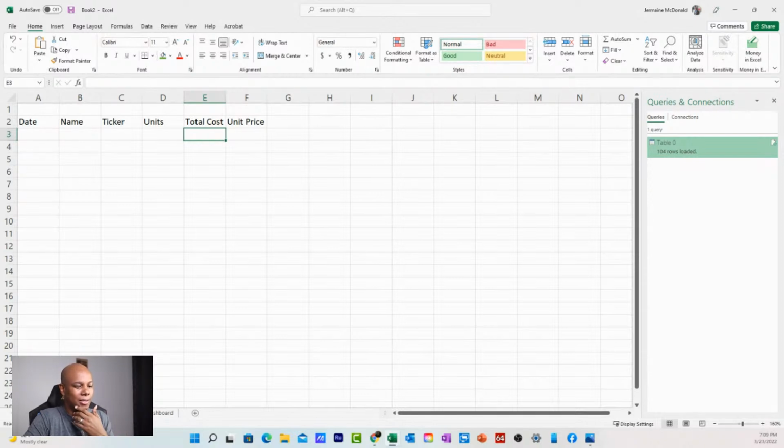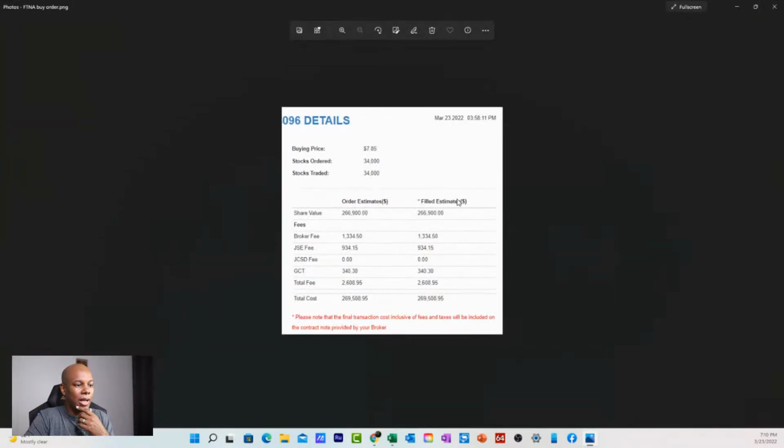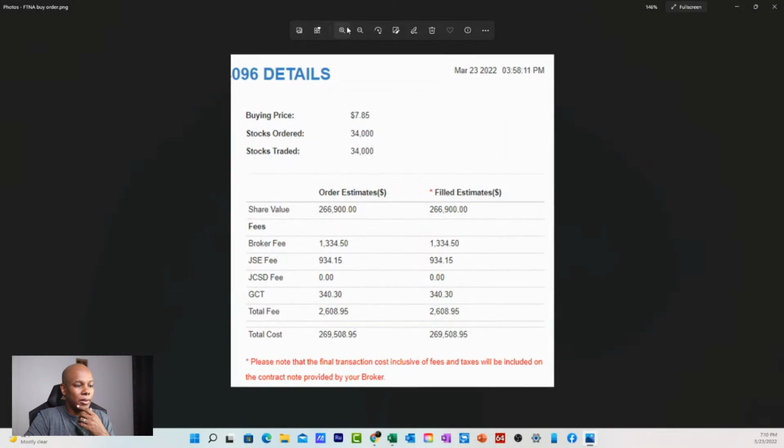Hopefully that makes sense. So what I'm going to share here as well is an image, right? This image, what I'm bringing up now, is going to be an order. So let me zoom in. This is an order I placed for Fontana earlier this year, right? So the buying price that I saw was $7.85.